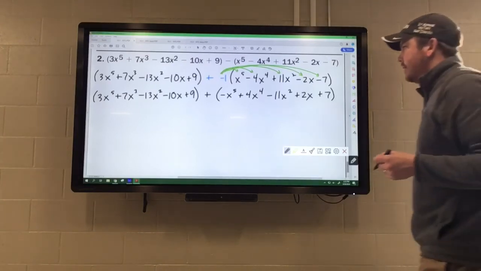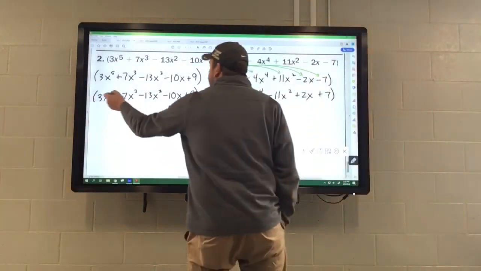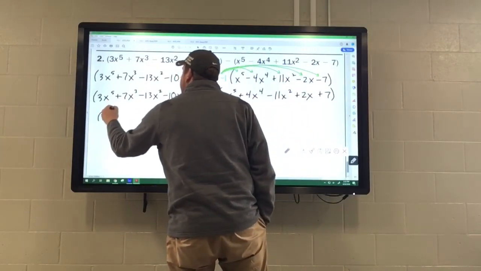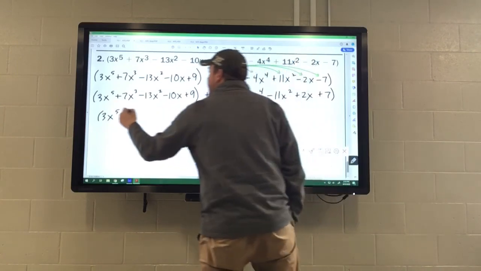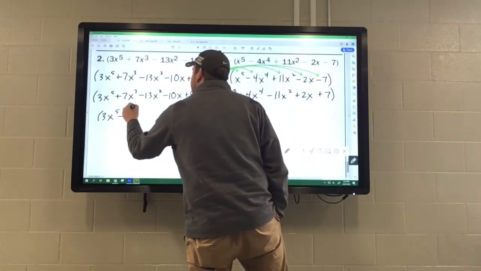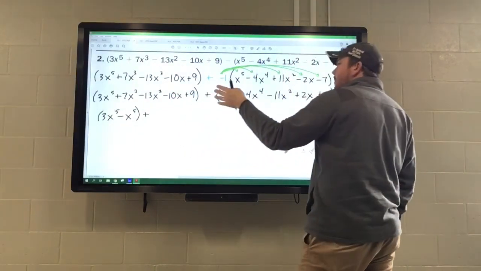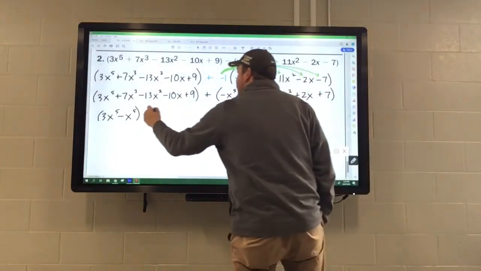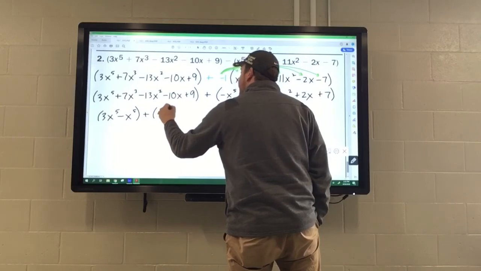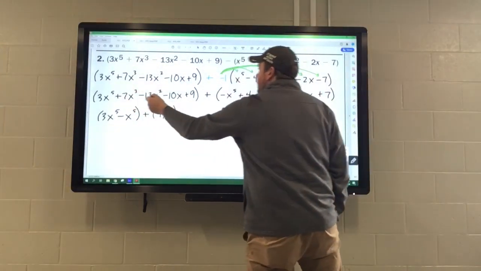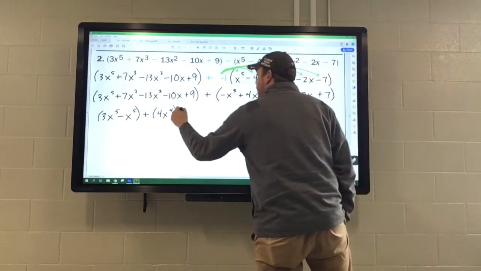Let's group like terms. So it looks like my biggest exponent is 5, so let's start with that. I have a 3x to the 5th, and I have a negative x to the 5th. Any x to the 4ths? Yes, I do. I have a 4x to the 4th. Any x to the 3rds? Yes, I do. I have 7x to the 3rd. And no other one.